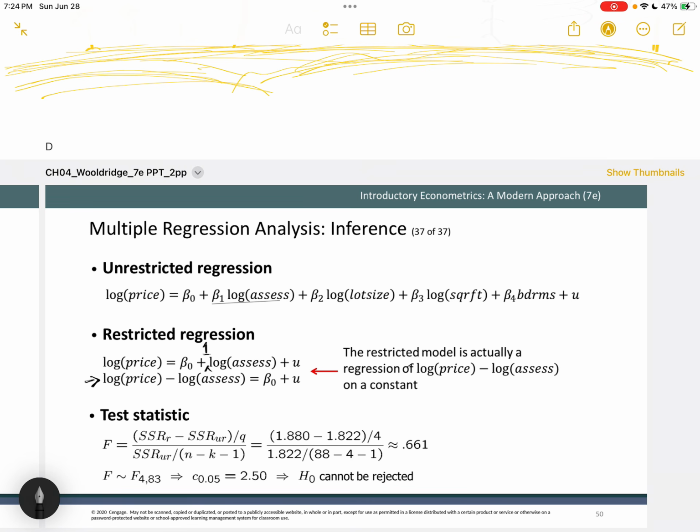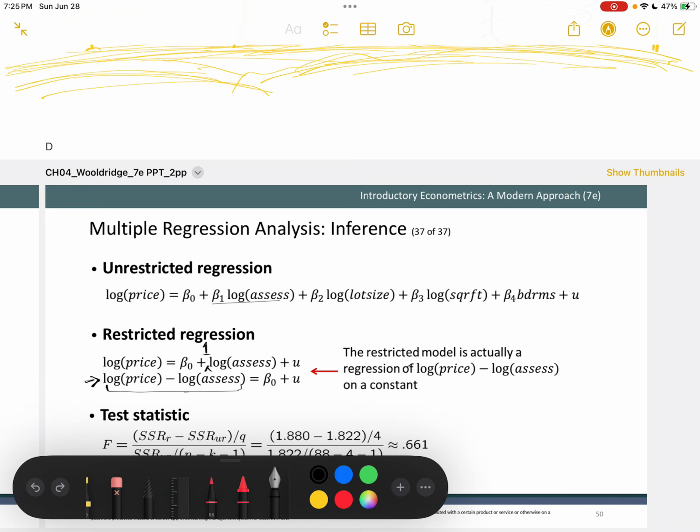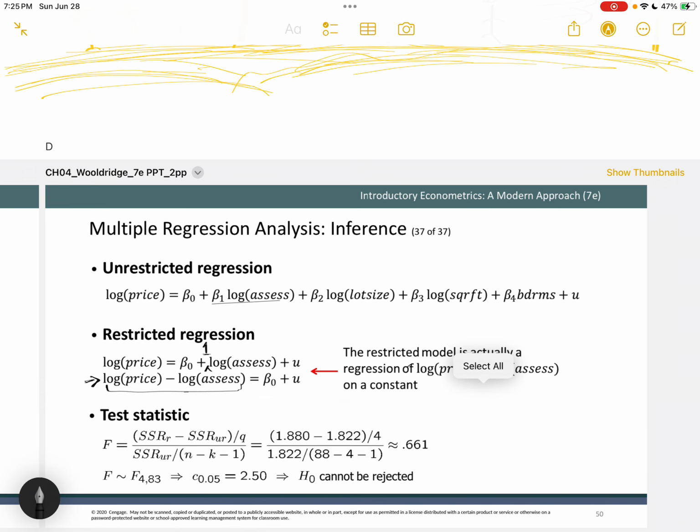And so before we run that regression, you can pull your log assess across the equal sign. So you have log price minus log assess. So you can create a new variable, log price minus log assess, as your response variable, and regress that on the constant 1.